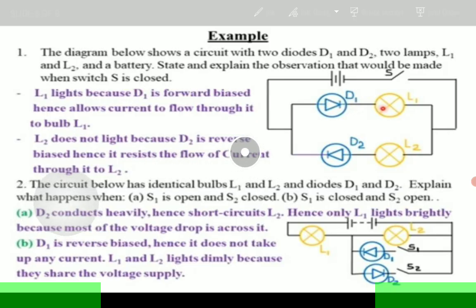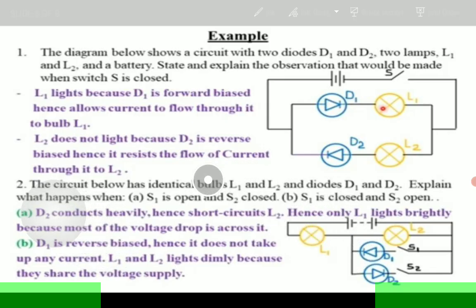All right, if you look at D1, S1 closed, and S2 open. You follow the connection of this diode to the cell. You see this is n type, which is connected to the positive.